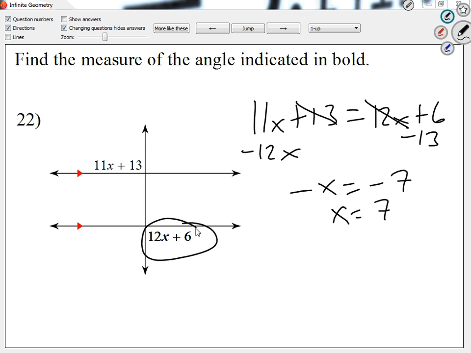I'm looking at which one's bold. So it's 12x plus 6. We know the value of x. What's 12 times x plus 6? 90. So 90, and then use your logic. Does it look like 90? Kind of does, so yes.